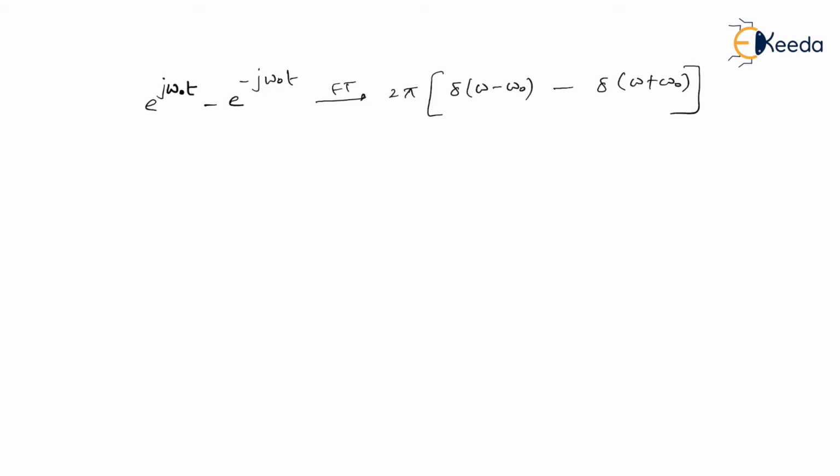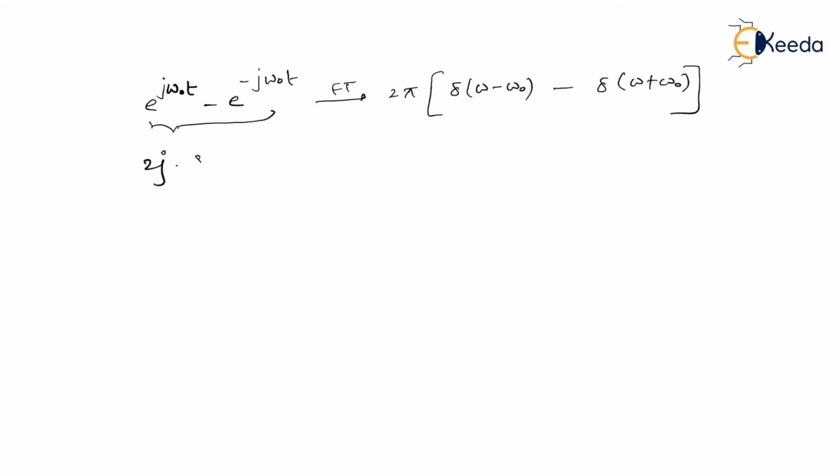e to the power j omega naught t minus e to the power minus j omega naught t will have its Fourier transform as, so we had 2 pi out, then del of omega minus omega naught minus del of omega plus omega naught, and we know that e to the power j theta minus e to the power minus j theta is twice of j sine theta.